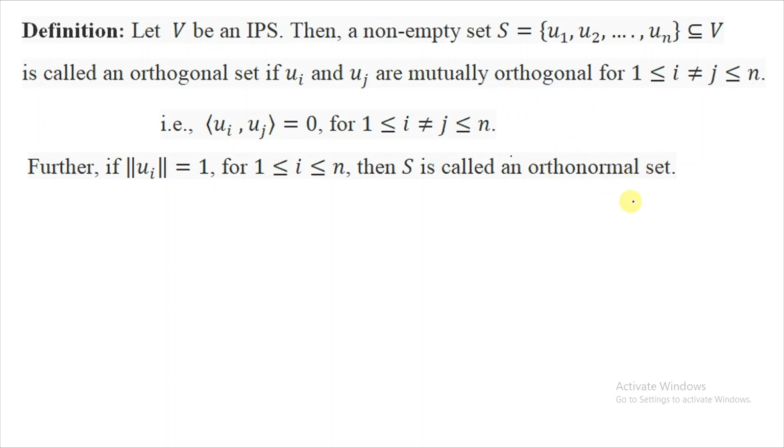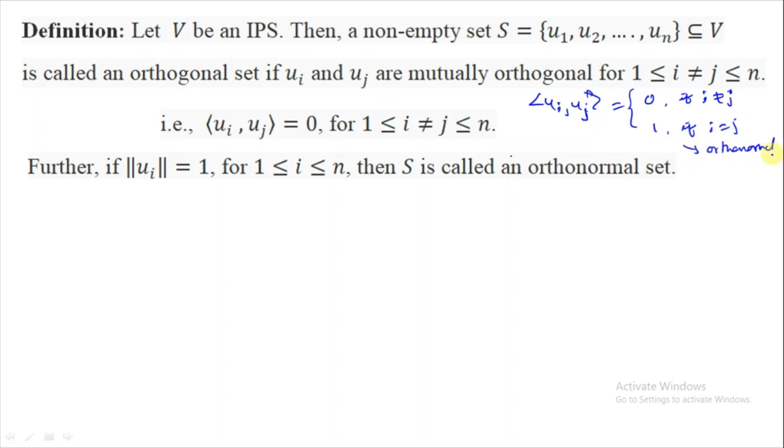That means the inner product of ui and uj is 0 if i is not equal to j, and 1 if i is equal to j. This is orthonormal.